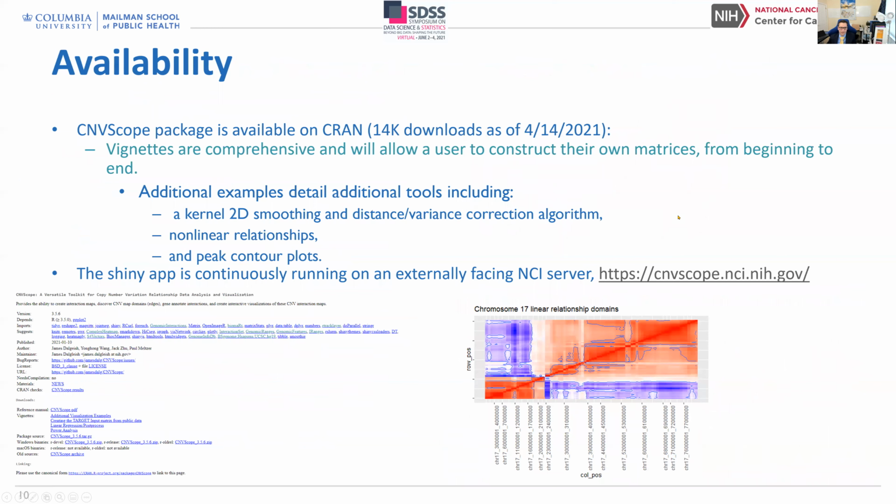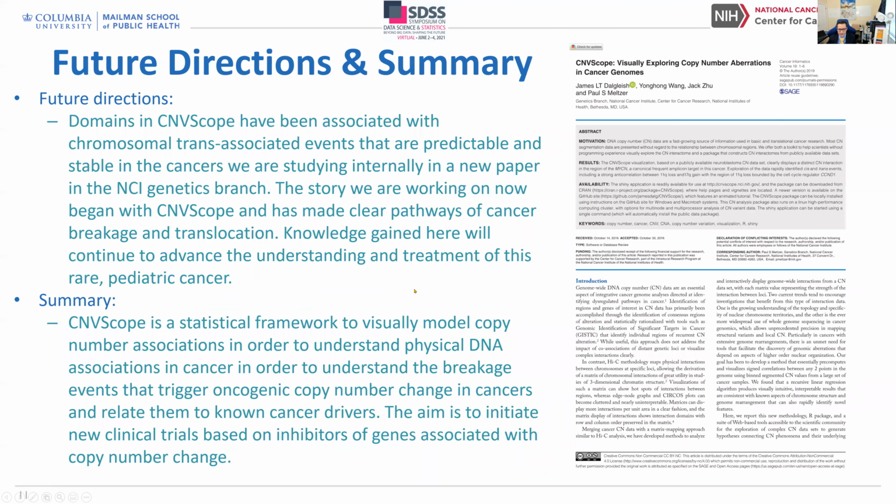This package is available on CRAN. We have lots of vignettes that allow the user to construct their own matrices from scratch using TCGA or TARGET data from beginning to end. I'm very open and transparent about how this is done. There are additional examples, which I won't get into here. You're free to look at them.